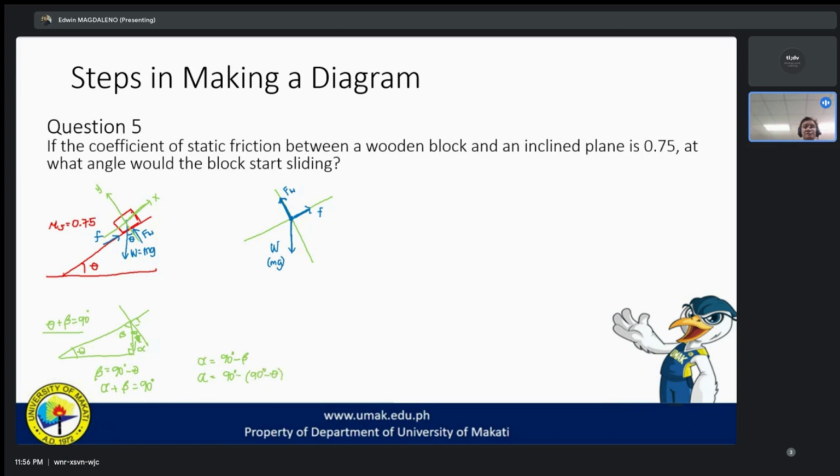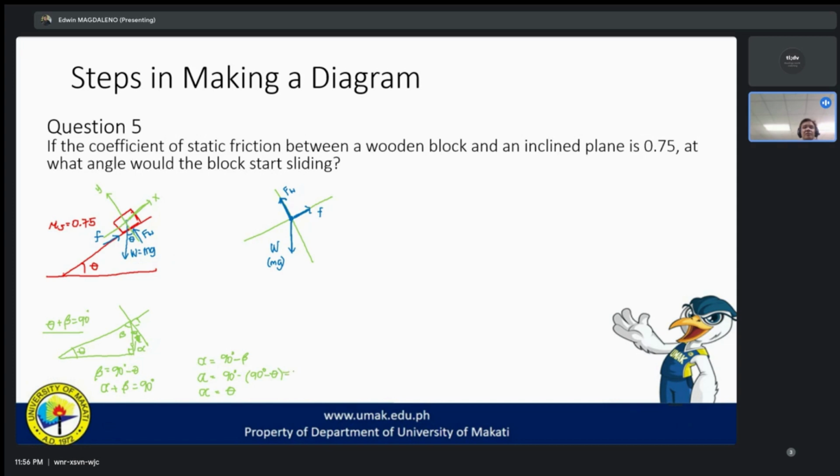So 90 minus 90 is 0. Then negative theta. This also here is minus theta. So negative minus theta should be positive. So alpha should also be equal to theta.